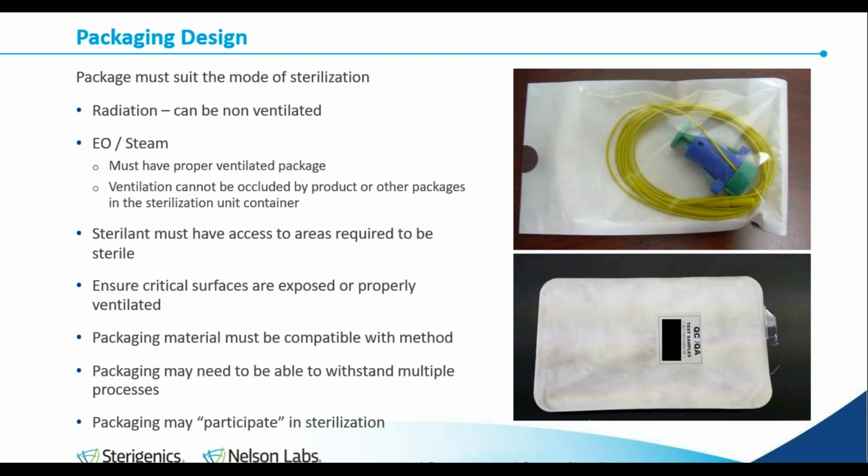So one of the classic examples of non-sterile situations I've seen over the years is where a company has attempted to perhaps save money on the ventilation side of their pouch and gone with a small ventilation patch instead of, say, the pictures that are here on this slide, which show an entire side of the package ventilated.